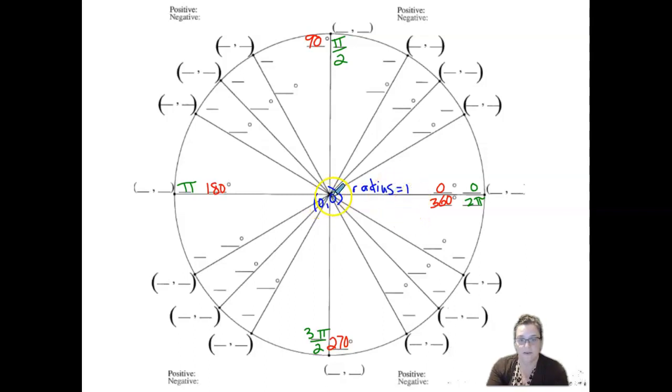So if I'm 1 unit to the right of the origin, I'm at the point 1, 0. If I'm 1 unit above the origin, I'm at the point 0, 1. 1 unit to the left of the origin is going to be -1, 0, and 1 unit down from the origin is 0, -1.